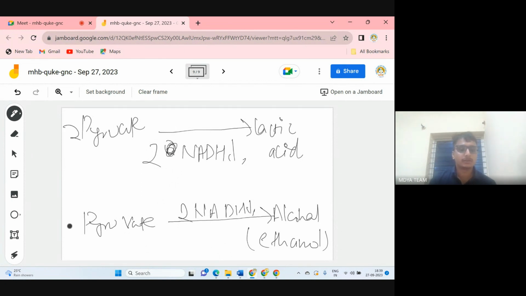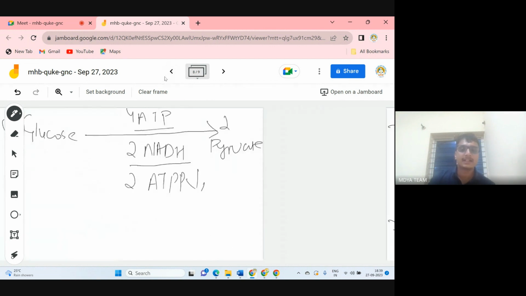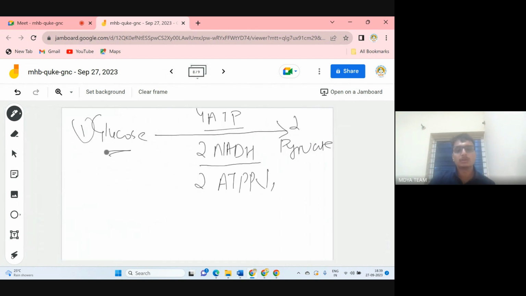Again, I will explain. From glucose, our body was producing 4 ATP, 2 NADH, 2 ATP consumption, and 2 pyruvate molecules. But in this condition, our body doesn't have access to oxygen, so our body can't use these 2 NADH. So our body has to fix this NADH somewhere, else it would accumulate and be toxic for us.